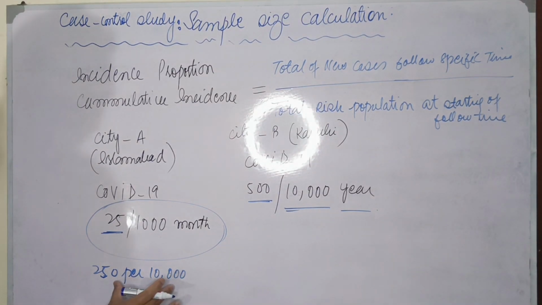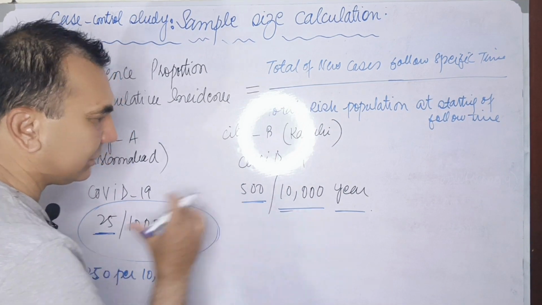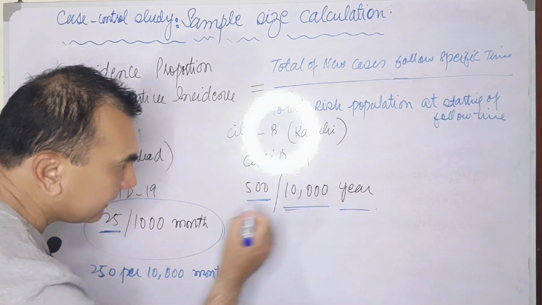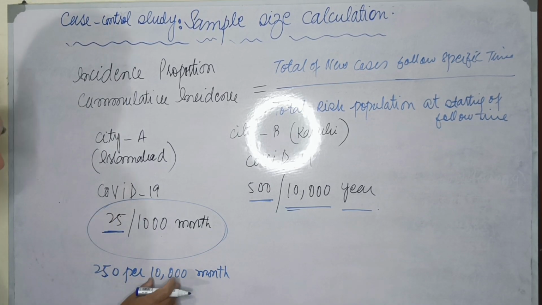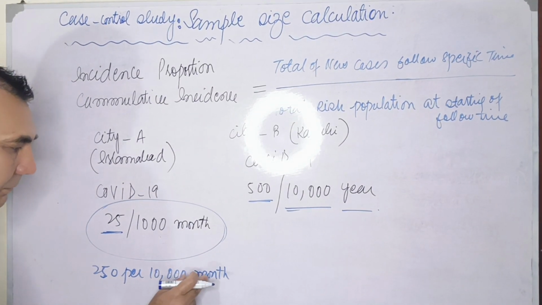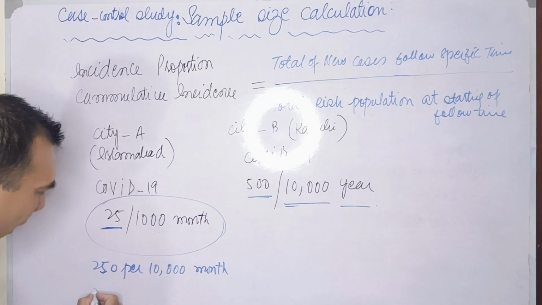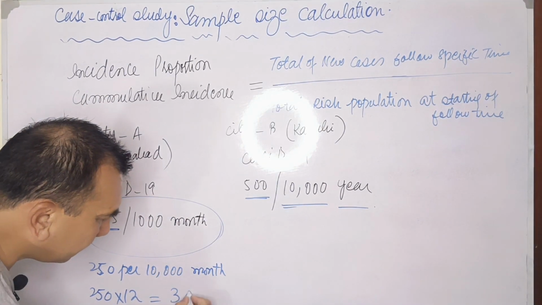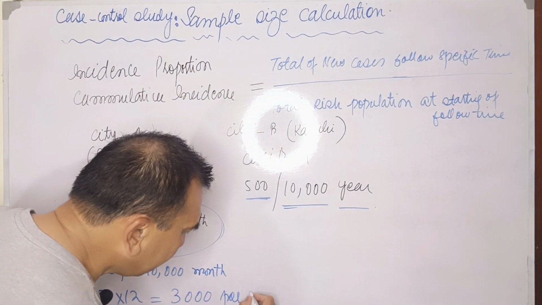Now the denominator becomes equal with the denominator of Karachi. But it is still per month, so you will convert it into a year. How many months in a year? 12. It will be around 3,000. So now 3,000 per 10,000 population.